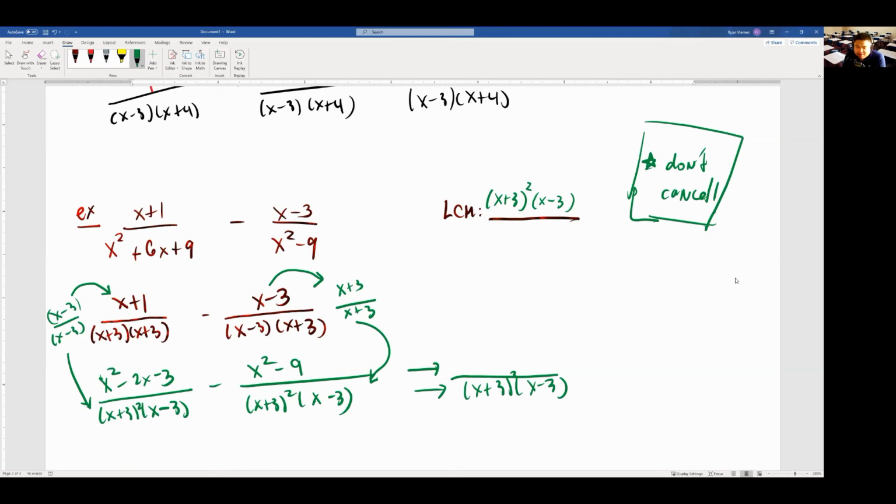On the top here, we combine like terms. X squared minus x squared, that's gone. Negative 2x minus nothing is negative 2x. Negative 3 minus 9.